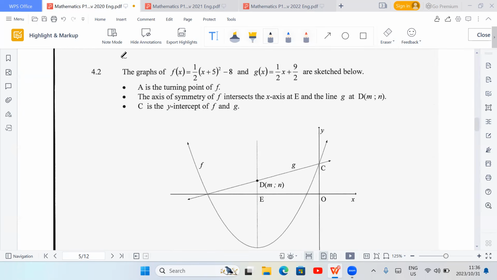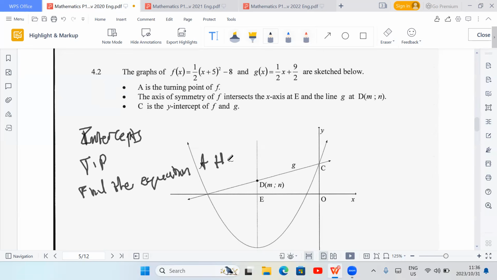Then we know that following the hyperbola function will be the parabola function, which again, for the parabola, you have to know how to get the intercepts. You have to know how to calculate the turning point. You have to know how to find the equation, right? Sometimes you won't be given the equation of the parabola, so you need to know how to find it.